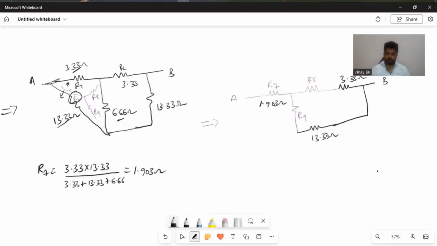1.903 ohms. Similarly, for R8 the adjacent values are 3.33 and 6.66.